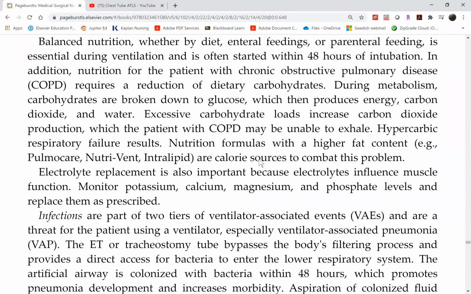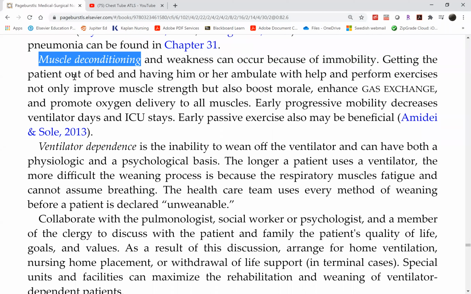All right. The others are self-explanatory. The longer the patient stays sedated, there will be muscle deconditioning. Please realize that this is not only the skeletal muscles, this will also include the diaphragm. So this will delay your weaning as well. Again, the longer the patient stays on the vent, the harder it will be to wean them off of it. Same thing for ventilator dependence.